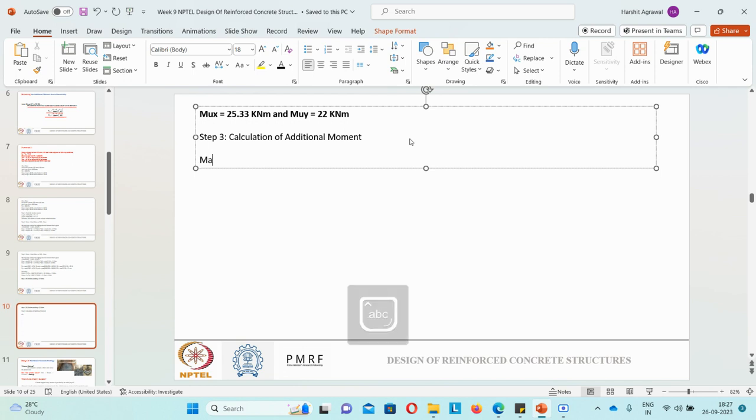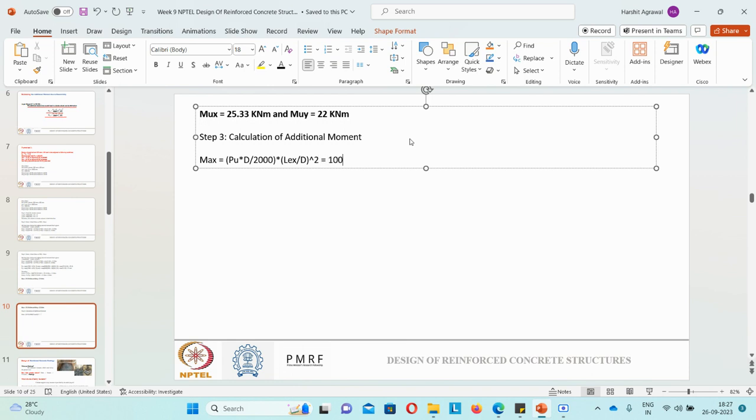So the additional moment along the x direction is given by Pu times b upon 2000 into L effective along the x direction, into the dimension along the x direction squared.